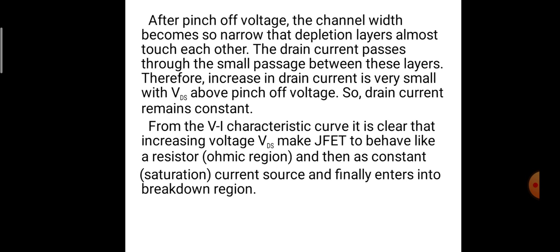So, drain current remains constant. From the VI characteristics curve, it is clear that increasing voltage VDS makes JFET behave like a resistor, that is the ohmic region, and then as a constant current source, and finally enters into the breakdown region.